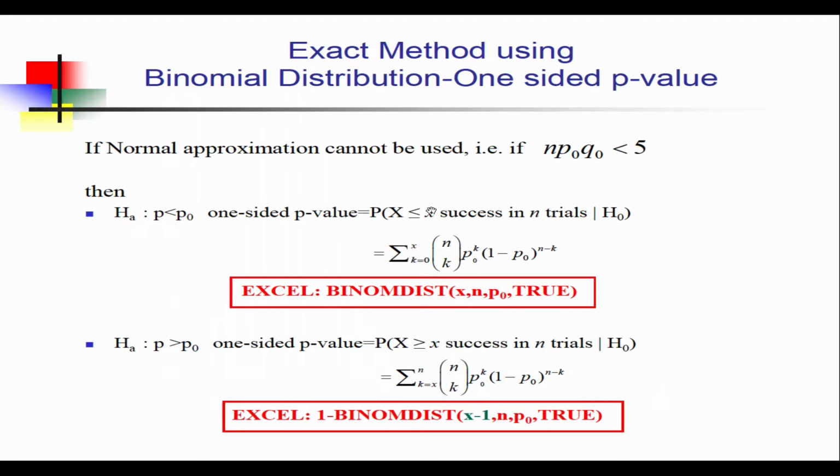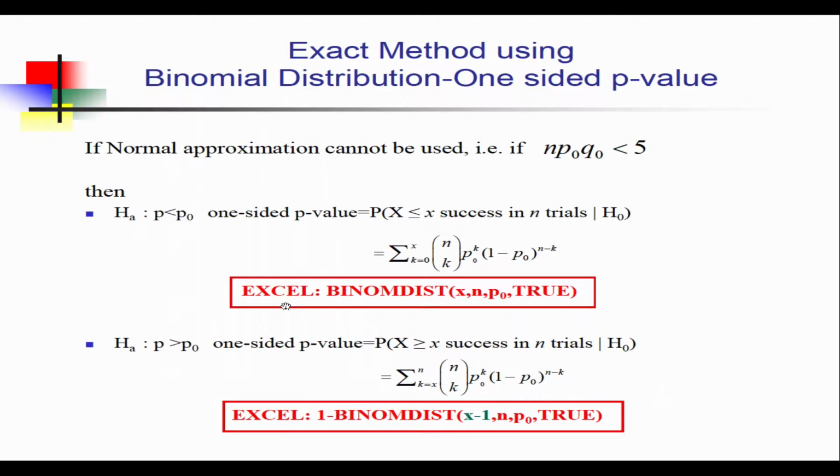So for the alternative hypothesis p less than p0, the p-value should be calculated this way. X is binomially distributed, so we know this cumulative probability is calculated this way: the probability of big X less than or equal to small x is the summation from 0 through x of the binomial formula.